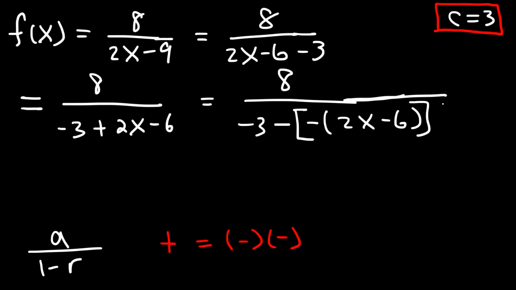So I didn't take out the 2 yet, but these two negative signs, they will cancel to make a positive sign. So these two expressions are equivalent as of now.